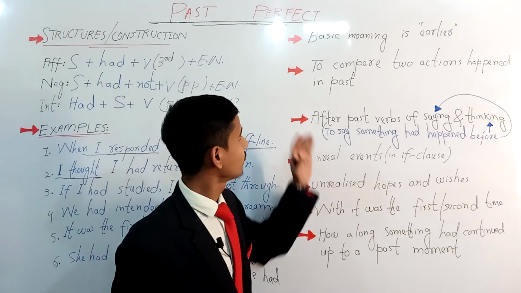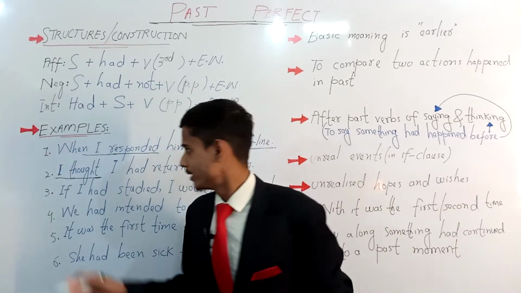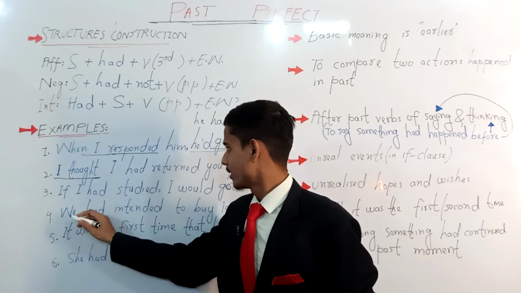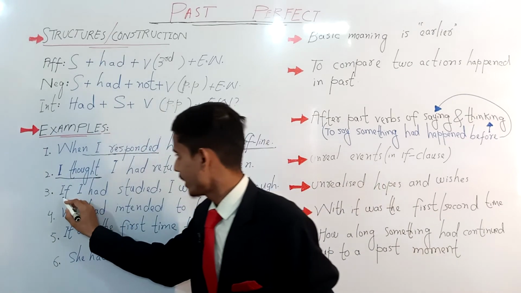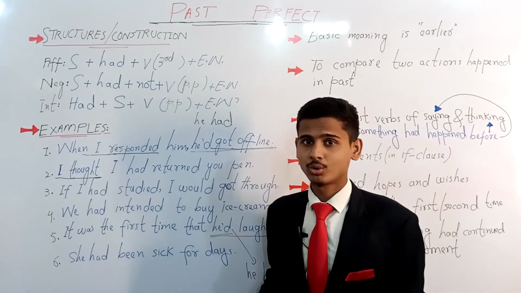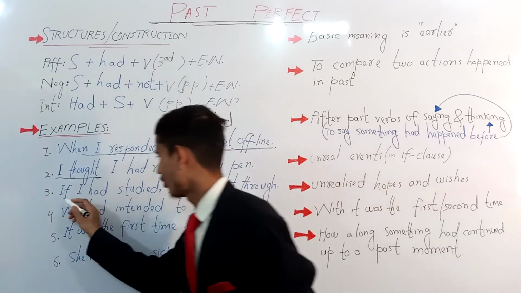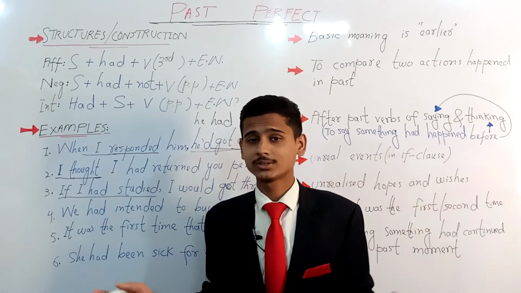Moving towards the fourth one, unreal events in if clause. Let's look back here. Third example of today's class. If I had studied, I would have got through. If I had studied, this is called the if clause, right? I told you this is a clause.